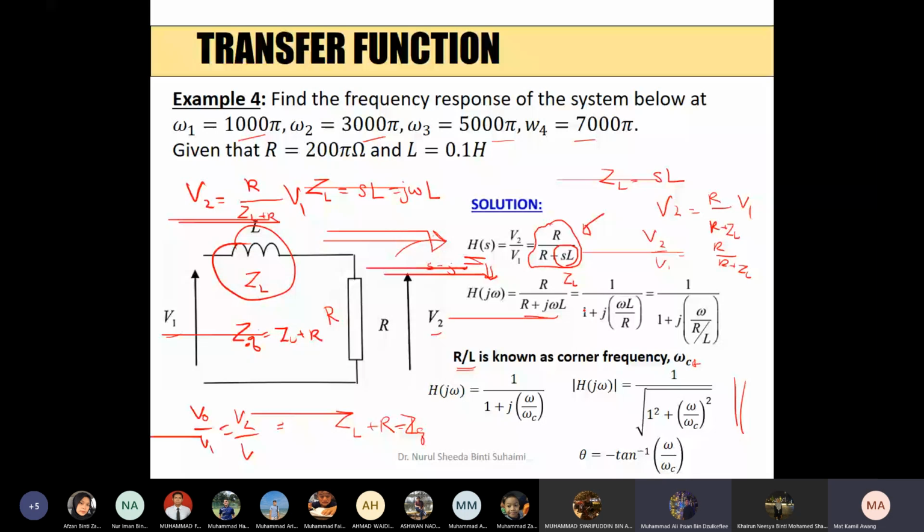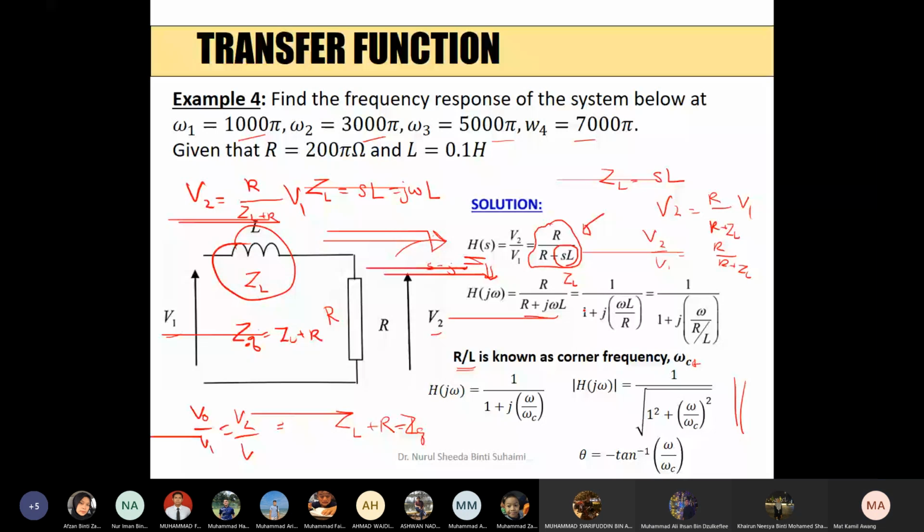So basically now you have this transfer function, right? If you don't want to use the omega C, you can write H J omega equal to 1 over 1 plus J omega over R over L. What is R over L? Frequency 200 pi divided by 0.1.